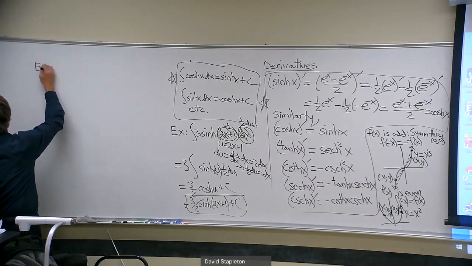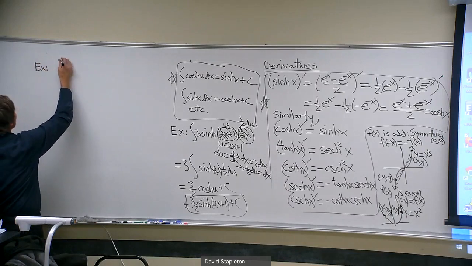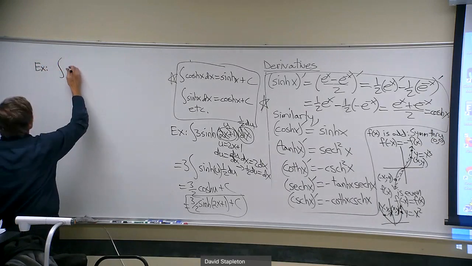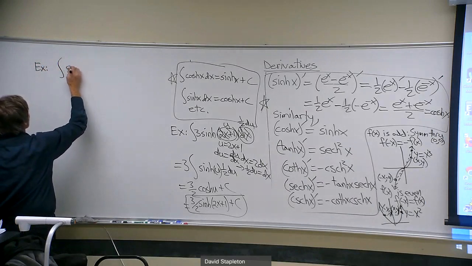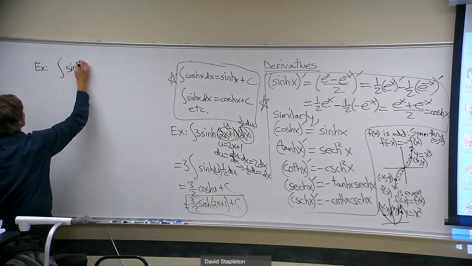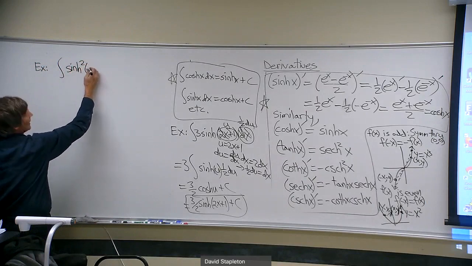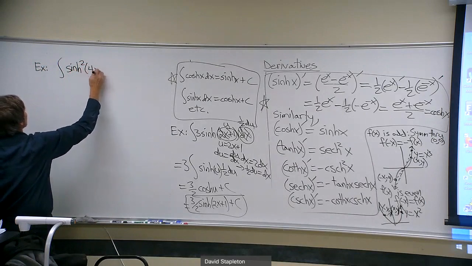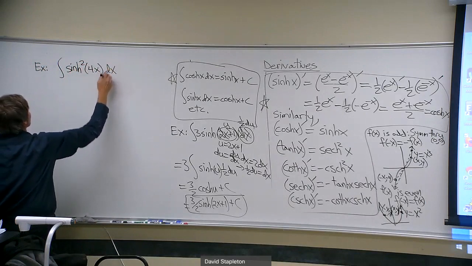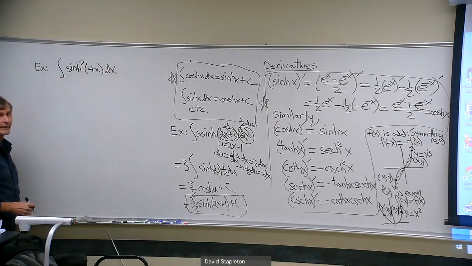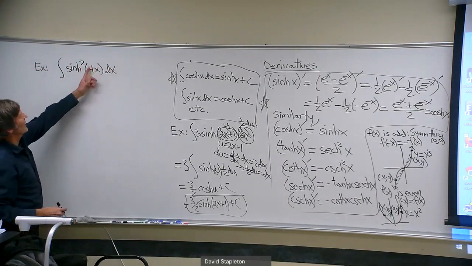For instance, what if I had this one? What is the integral of hyperbolic sine squared of 4x? I wonder what that is. You could substitute u equals 4x and rewrite this.